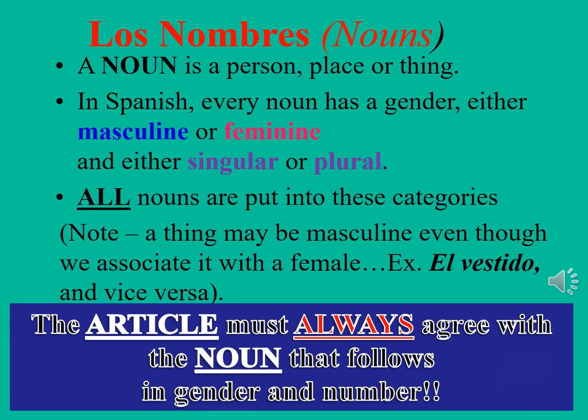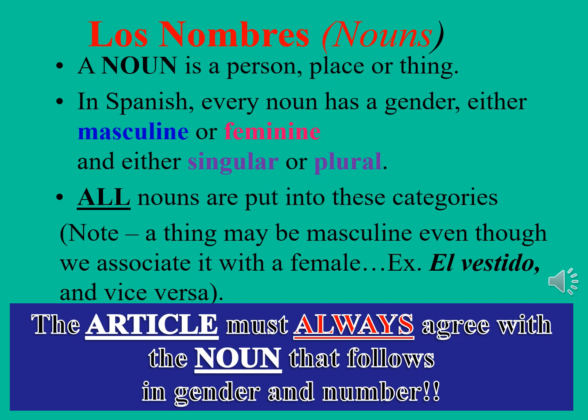Not to overburden you with grammar, a lot of grammar anyway, but a noun is a person, a place, or a thing. The thing that's different in Spanish and something that will give you fits to some degree is that every noun, whether it's a person, a place, or a thing, is masculine or feminine.